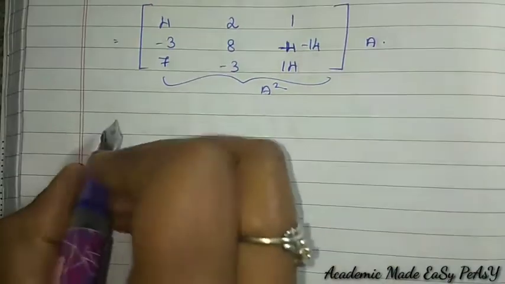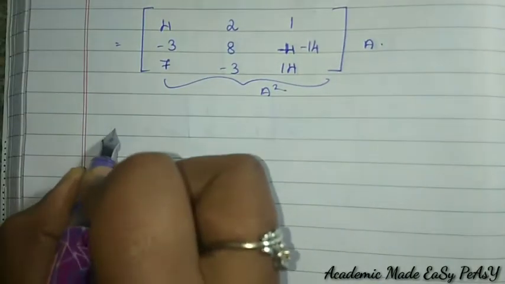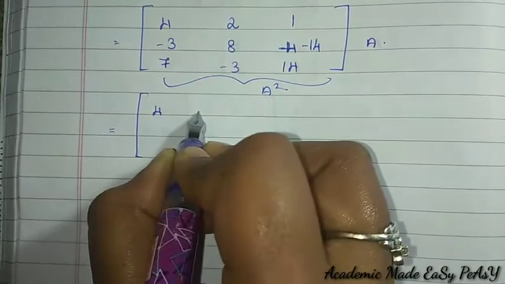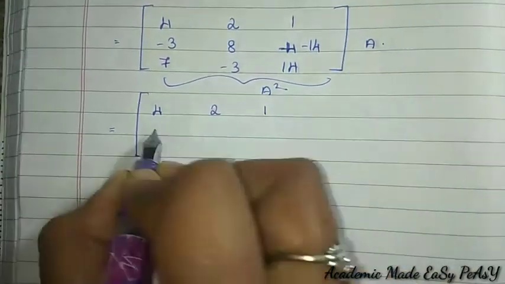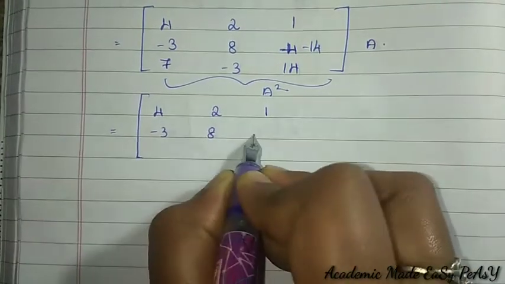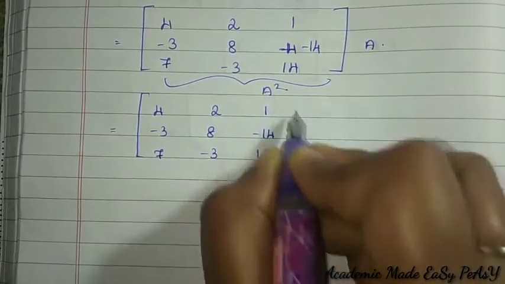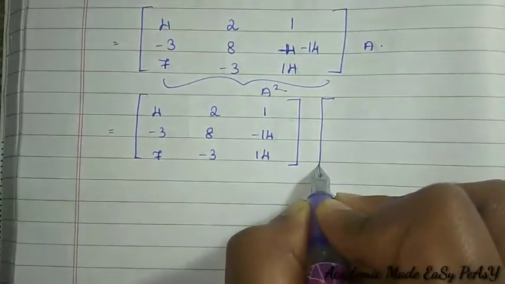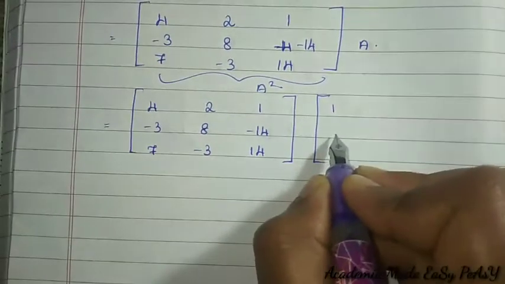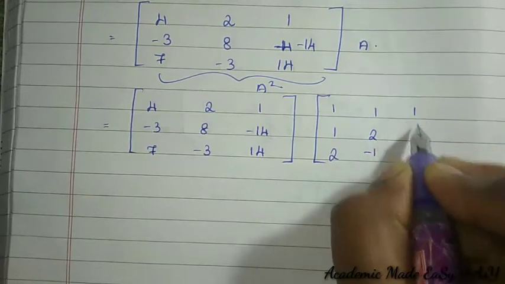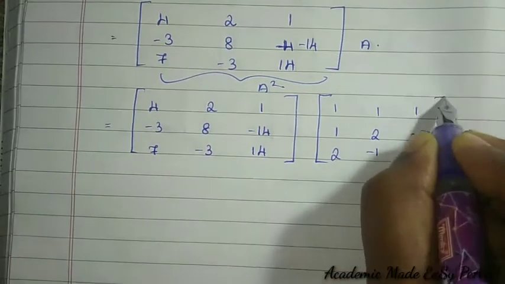Now I'm going to multiply this. So 4, 2, 1, minus 3, 8, minus 14, 7, minus 3, 14 into A, which is 1, 1, 2, 1, 2, minus 1, 1, minus 3, 3.